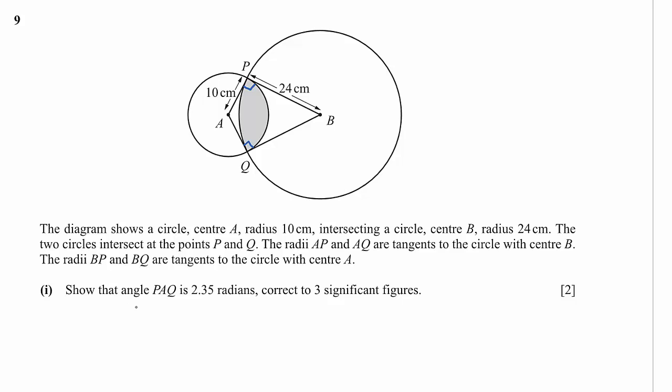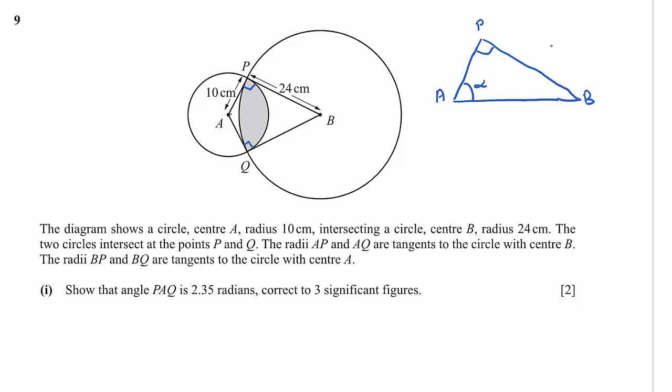So show that the angle PAQ, which is this angle just in here, is 2.35 radians, correct to three significant figures. Now what I think I might do is just draw out a triangle like this, where this is A, P, and B, and let's call this angle here alpha.